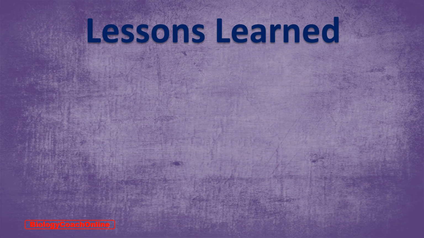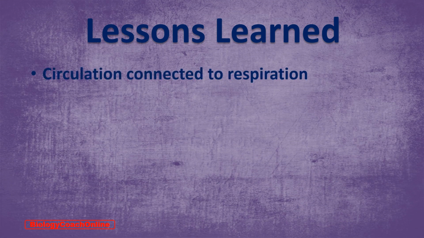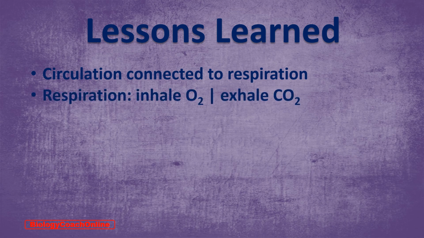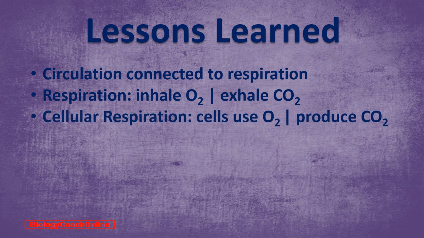First, your circulatory system is intimately connected to your respiratory system. I say, in fact, circulation and respiration are two sides of the same coin. Respiration is when you inhale oxygen and exhale carbon dioxide. Cellular respiration, then, is when your cells use up oxygen and they produce carbon dioxide as a waste product.